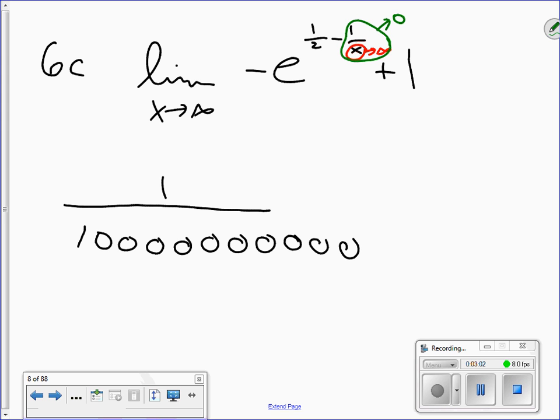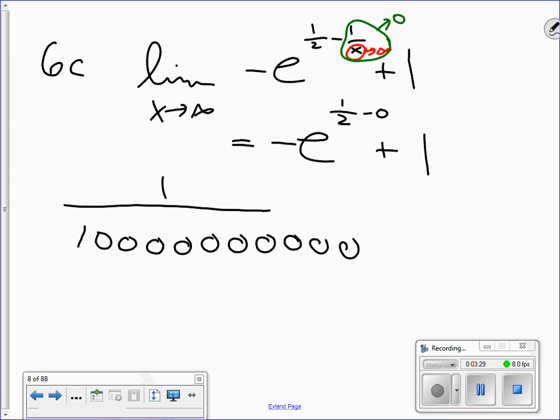You just did all the limits you have to do, because you see how it affects the parts with an x in it. So the limit is what's left. Nothing else has an x in it. So what we have is negative e to the 1 half minus 0, as this fraction is going to 0, plus 1.